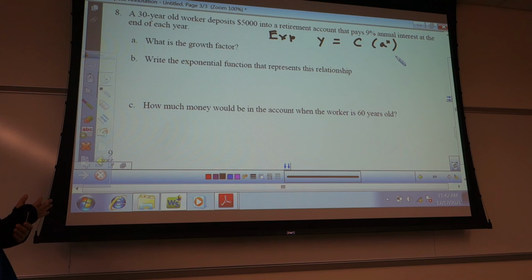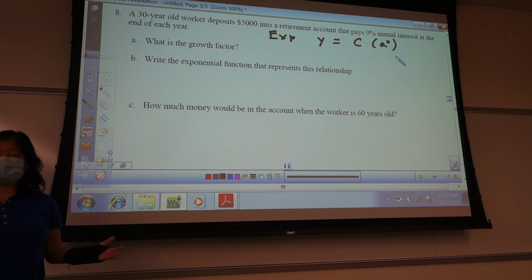So you've got to think about what X is. Think about the two things that vary in the problem. What should be your X, what should be your Y? And then figure out what C and A are. Does everyone remember what C represents? I'm not going to tell you, but do you remember what C represents? Initial amount?